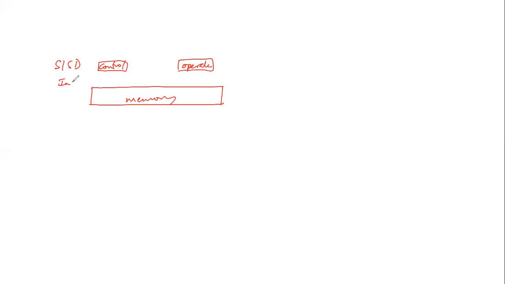Then here we have instruction, the single, and then we have data here, which is also single. Then the result, definitely we need the result. So single instruction stream, and then single data stream. So this particular architecture is more like the von Neumann architecture or category.